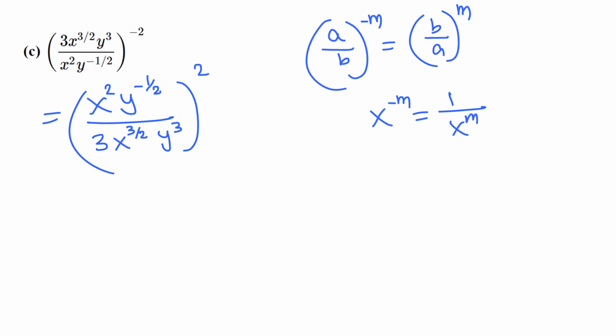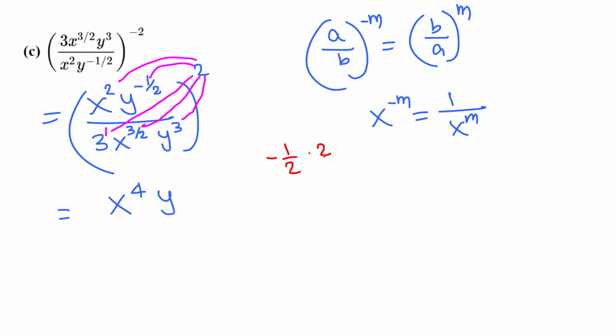So let's multiply. We need to multiply here, here, on the bottom, here, here, and 3. 3 means 3 raised to 1. So we need to multiply each factor. X squared is squared, x to the 4th on the top, y raised to negative 1/2 times 2. That's negative 1/2 times 2, the 2 cancels. 2 means 2 over 1.